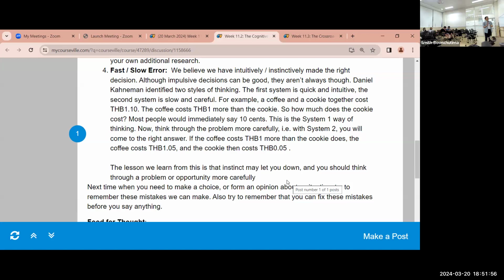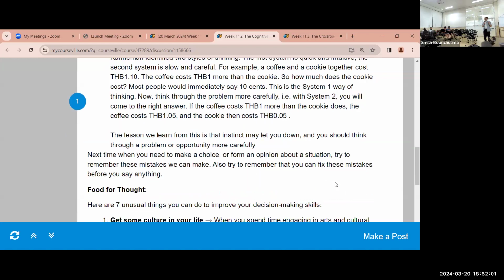Okay, good. So the lesson we learned from this area is to think more carefully. Don't make decisions when you are upset.